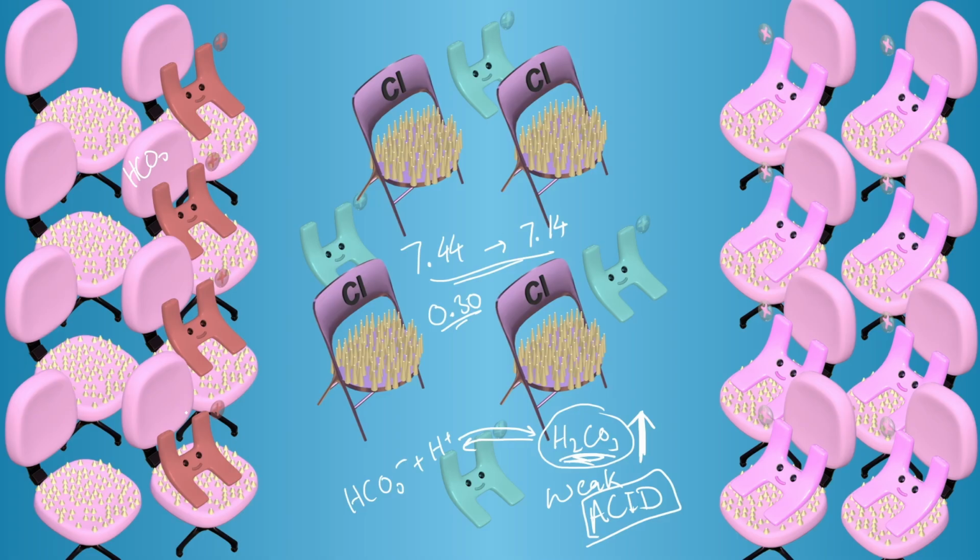But when there are millions and billions sitting on these chairs, of course, some of them might jump back into water, right? So when they jump back into water, the pH will decrease. But because it's a weak acid, not all of them will jump. Many of them will keep on sitting on these chairs.